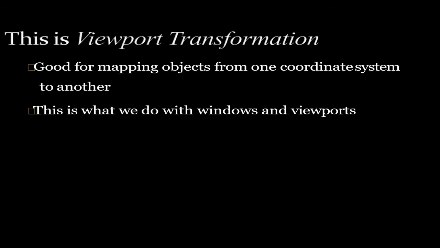Before going on to the details about the viewing transformation, we need to discuss the following topics: the viewport, windows, and how the coordinate system comes into play in all of this.